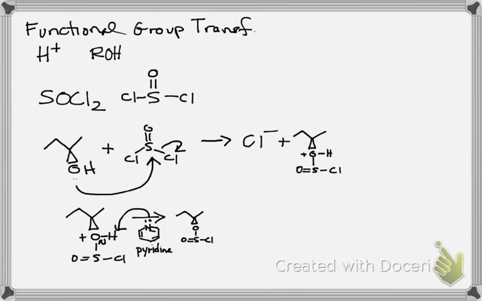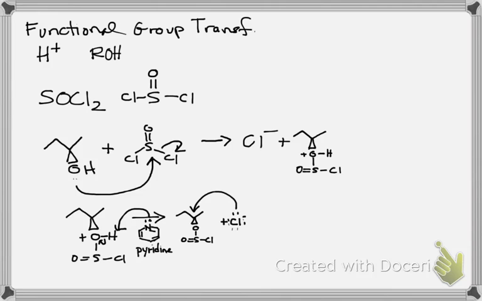So I'm going to show you what I mean by sometimes we just write it and continue on with what we have. This pair of electrons comes in from here and attacks. And then this group leaves.